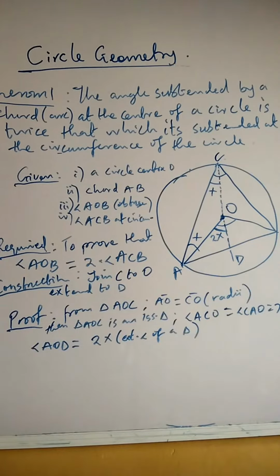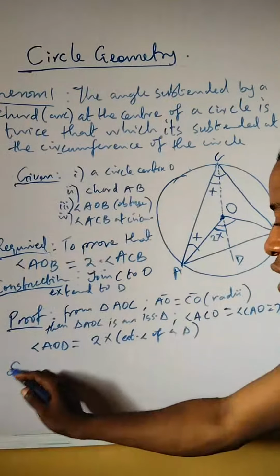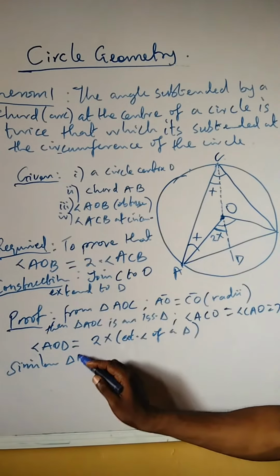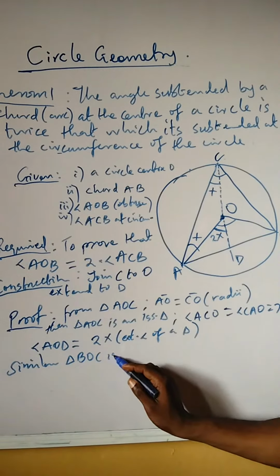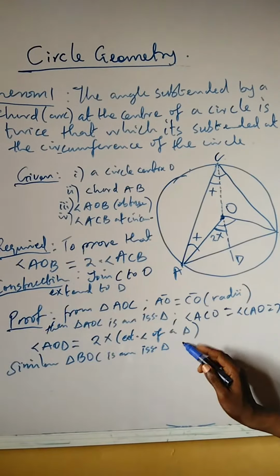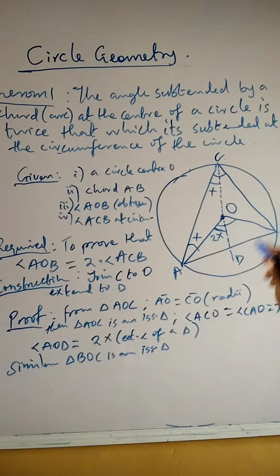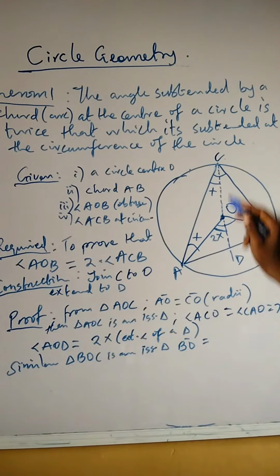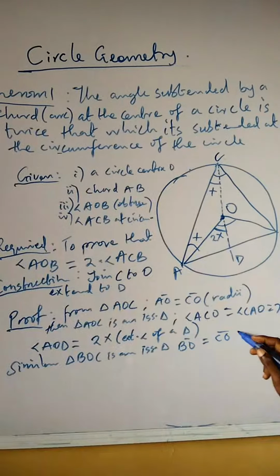Similarly, we do the same thing for the other triangle here, which is BOC. So we can say similarly, triangle BOC is also an isosceles triangle. Why? Because we have 2 sides equal. BO is equal to CO. Both are also radii of the semicircle. And the base angles are also equal.